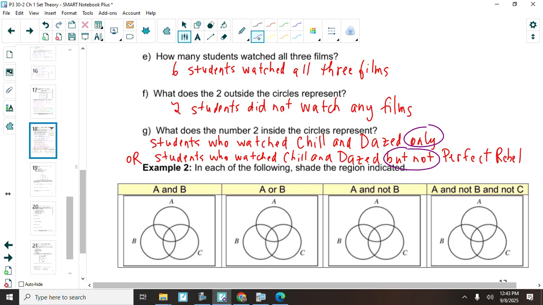Okay, if you're feeling pretty good about this, you're thinking, okay, this makes sense, I like this, I want you to see if you can shade in. Use pencil if you're not sure. Shade in the area. So where is A and B in this diagram?